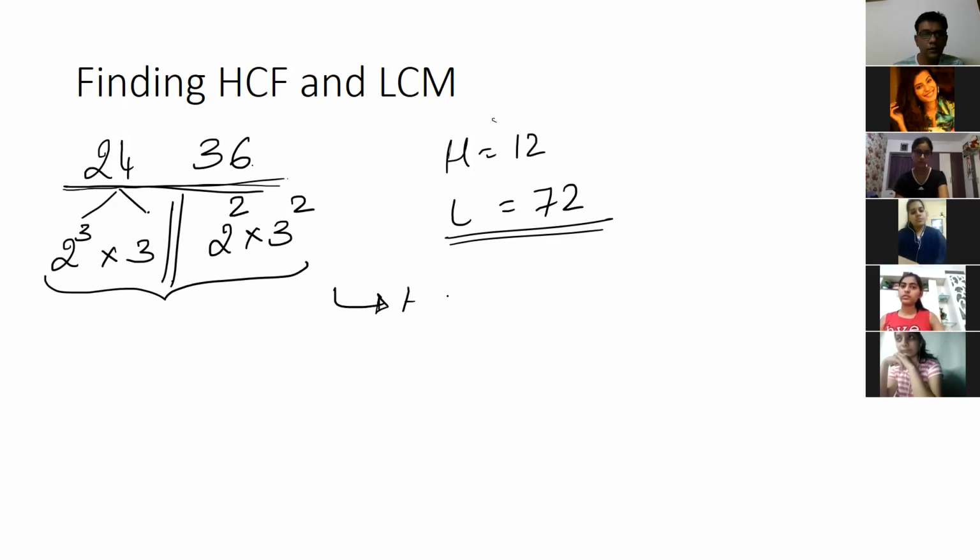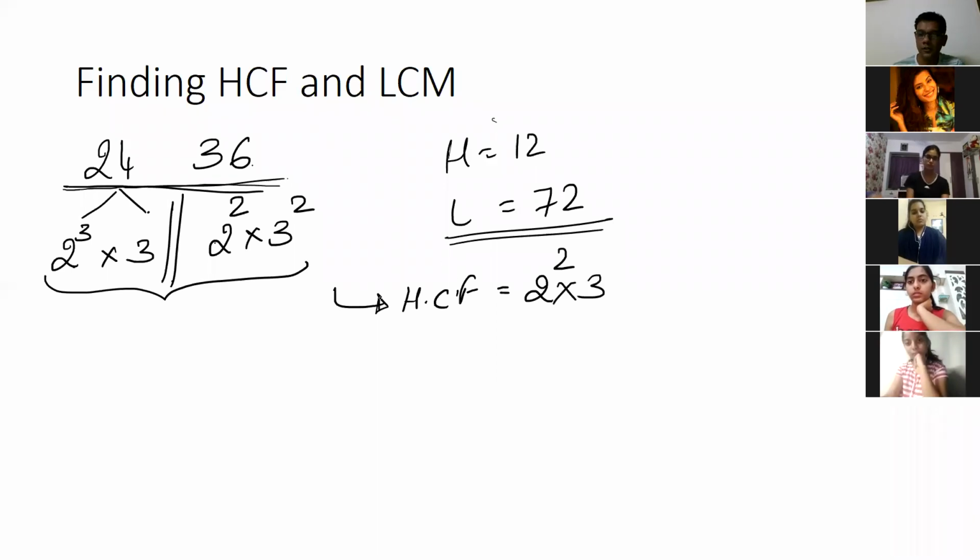The highest common factor is the two 2s, because they are common in both, and one 3, because one 3 is also common in both.